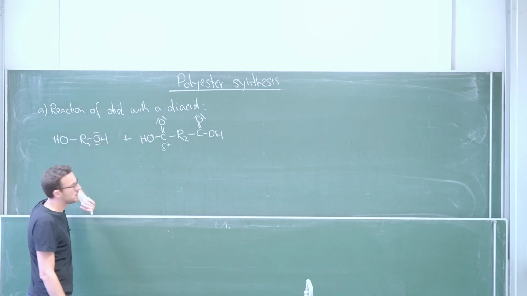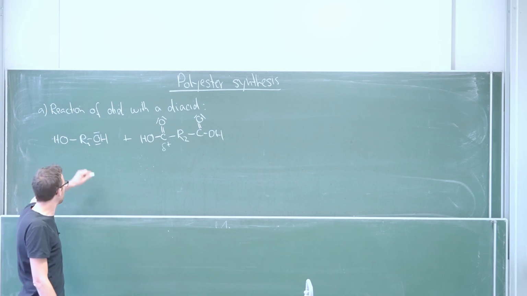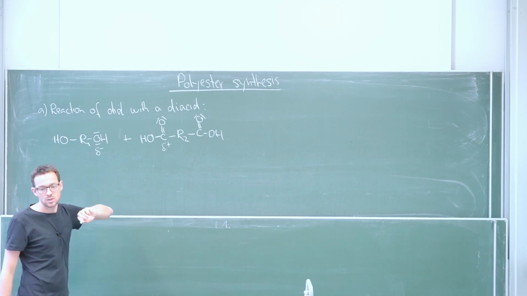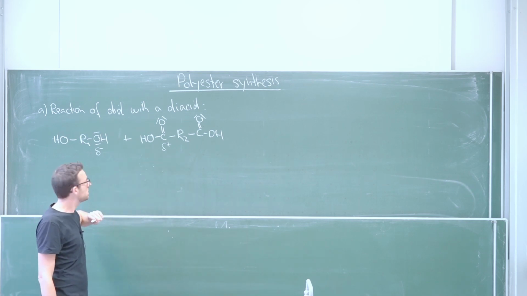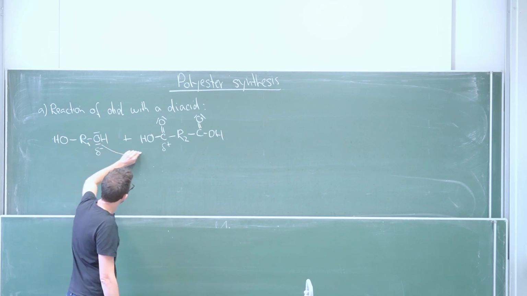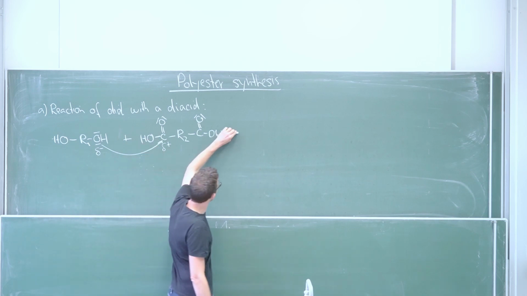And we see here that the oxygen of this reaction actually acts as a nucleophile. It is partially negatively charged and can react with this electron-lacking carbon atom. So these electrons attack here.